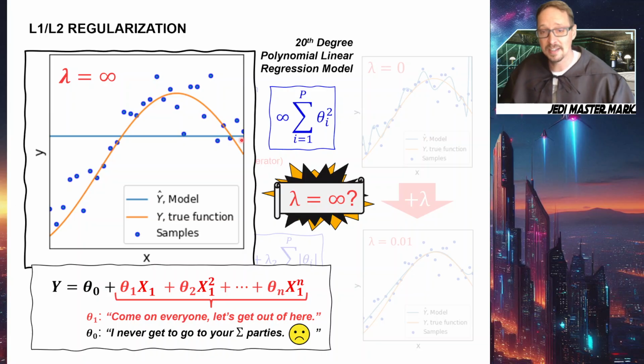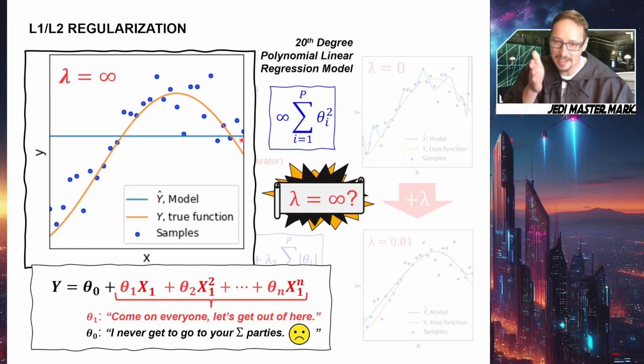And again, this is a good example of how we started with an overfit model, a 20th degree linear regression model. And through this lambda parameter, we not only tuned it back to get a good model, but we tuned it all the way over so that it actually created an underfit model.